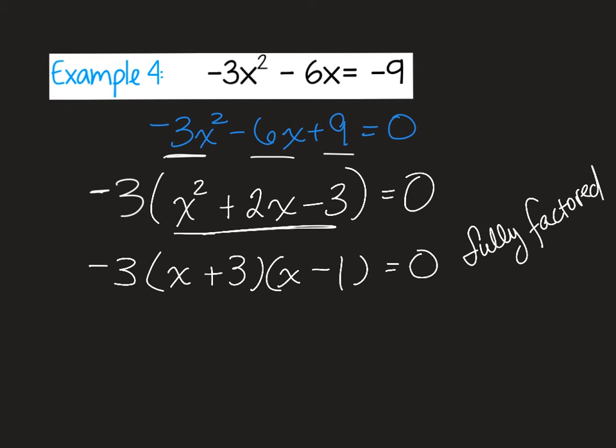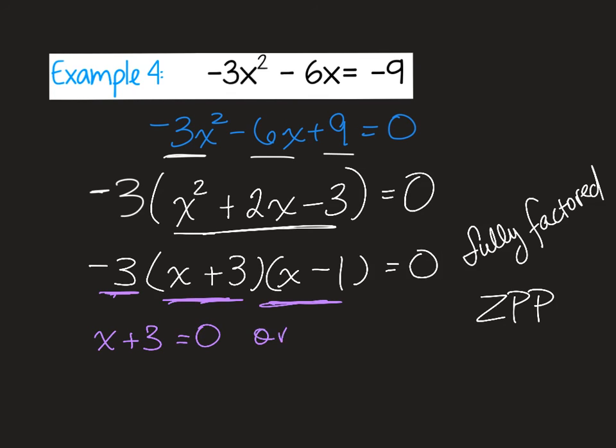we're going to apply the zero product property. So this negative 3 times the quantity x plus 3 times the quantity x minus 1 equals 0. So one of those has to be 0. Well, there's no way that negative 3 is ever going to be 0. There's no variable with it. So that means either this quantity is 0 or this quantity is 0.